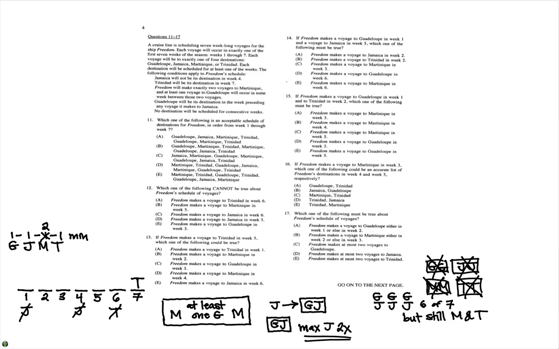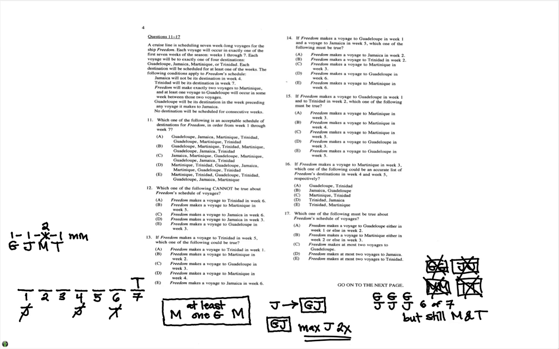Question 11. Which of the following is an acceptable schedule of destinations for Freedom in order from week 1 through week 7? So, free point. We're going to ignore our setup completely. We're going to go through the rules one by one and eliminate answer choices that violate those rules. So the first condition was Jamaica will not be its destination in week 4.